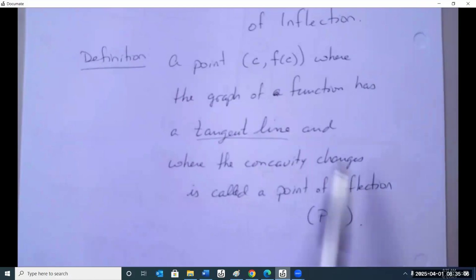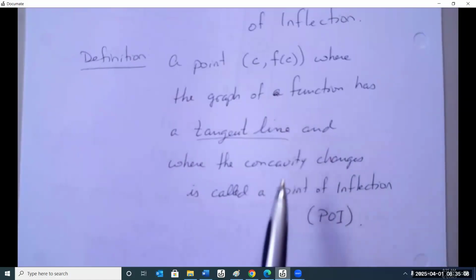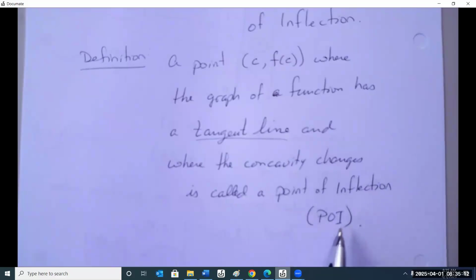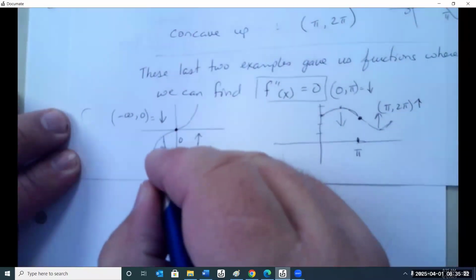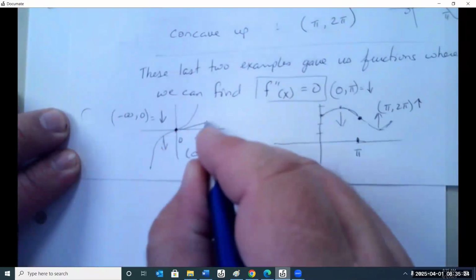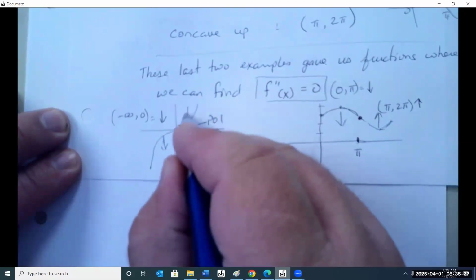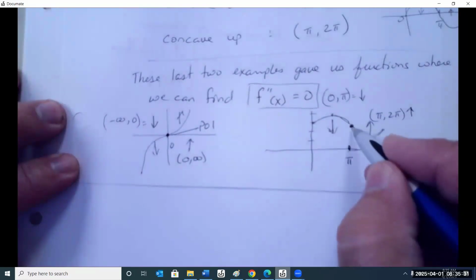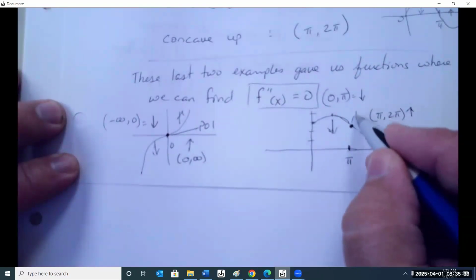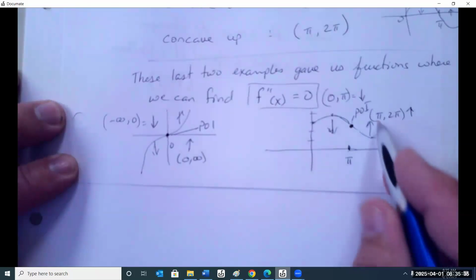So if the first derivative exists, then the second derivative exists. Wherever that equals 0, that's called the point of inflection. If you notice what it does, it changes the direction of concavity. It used to be concave down. There's a point of inflection. Now it's concave up.